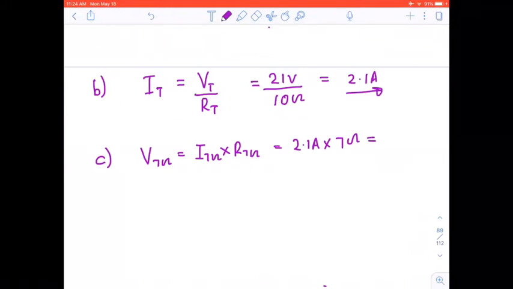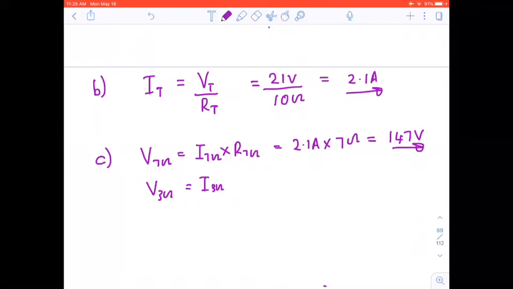And what does that give us? It gives us a voltage of 14.7 volts across the 7 ohm resistor. Right, we want the voltage across the 3 ohm resistor. Since we're dealing with a 3 ohm resistor, we need all information related to the 3 ohm.